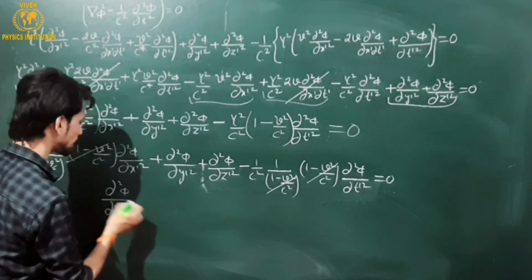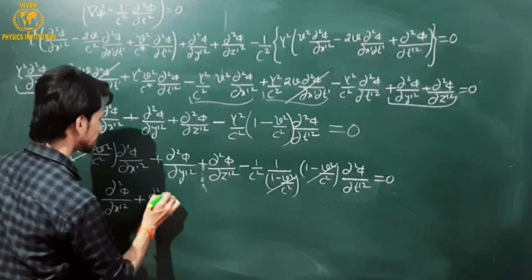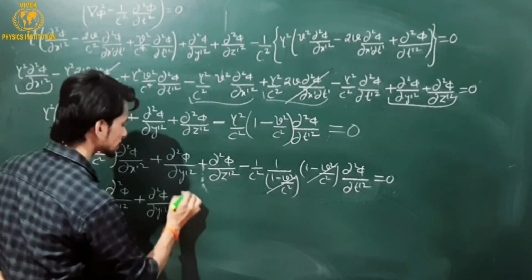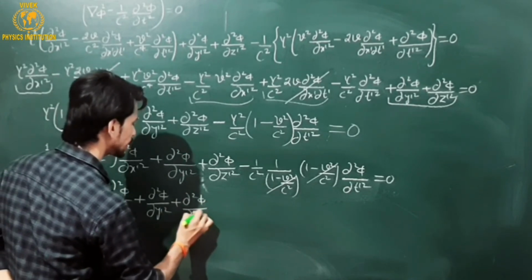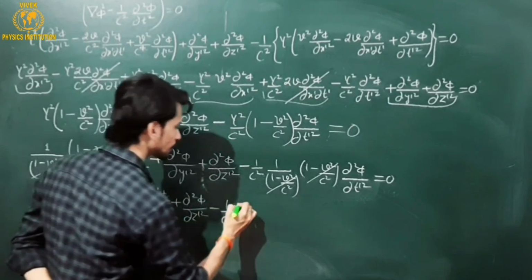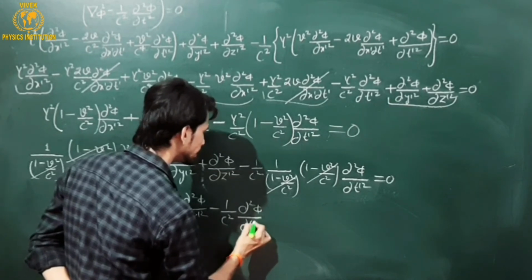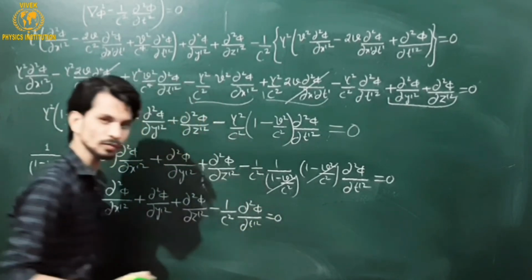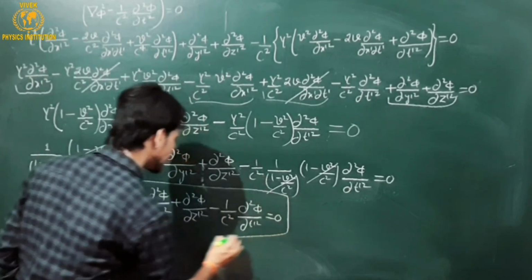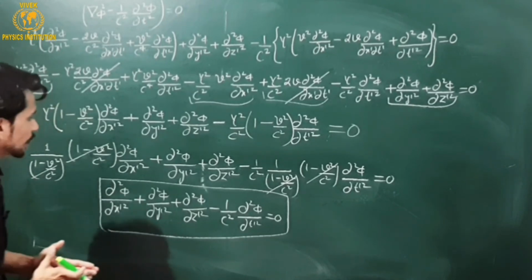This is del square phi over del x dash square plus del square phi over del y dash square plus del square phi over del z dash square minus 1 upon c square del square phi over del t dash square equals 0. This is the equation I have got after applying the Lorentz transformation on the wave equation.